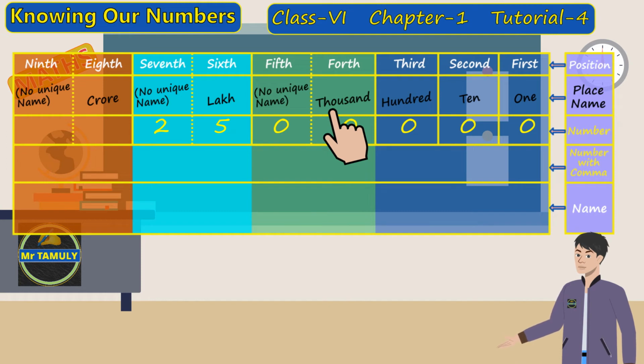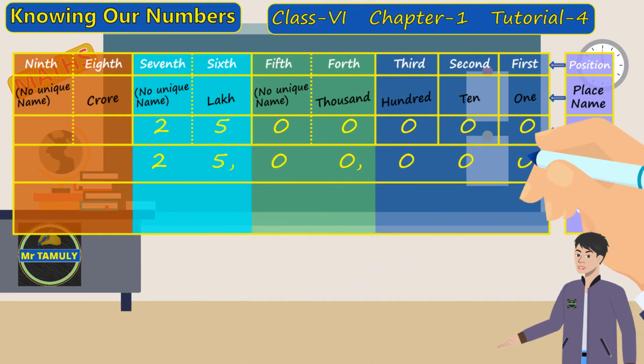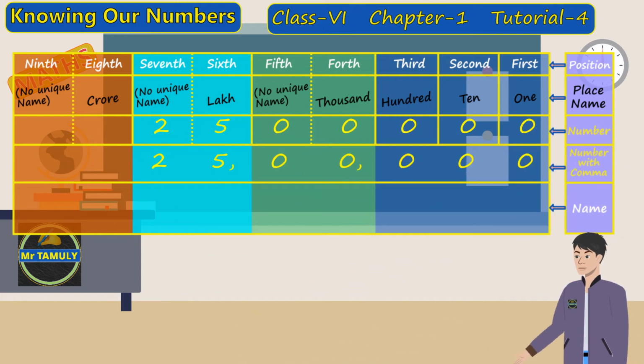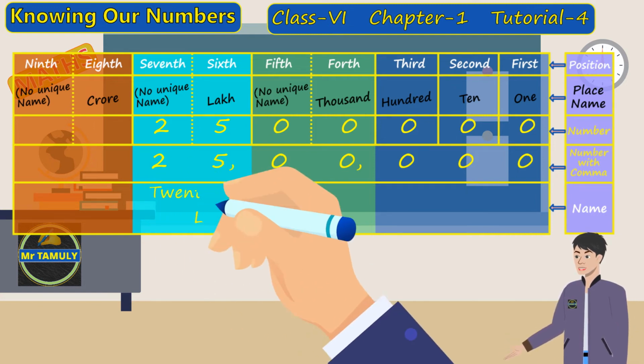In order to conveniently distinguish the combined positions we make use of commas. Therefore we shall rewrite the number 25,000,000 as 25,00,000. As you can see from the table, the number 25 is to be given the name Lakh. All the remaining digits of our 7-digit number are zeros. Therefore the name of this number is 25 lakh.